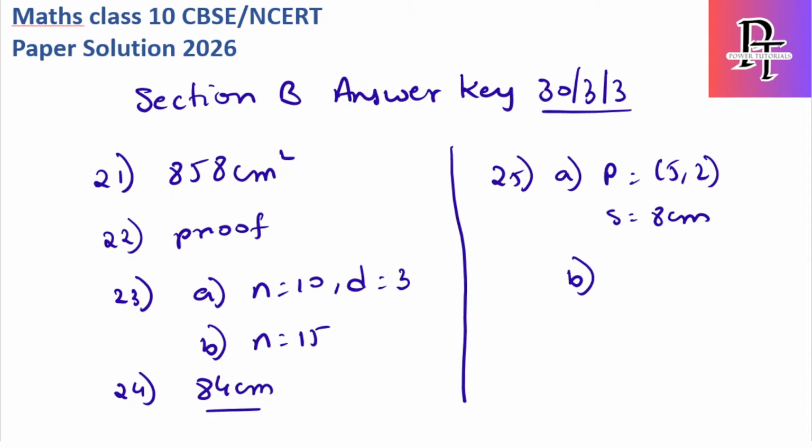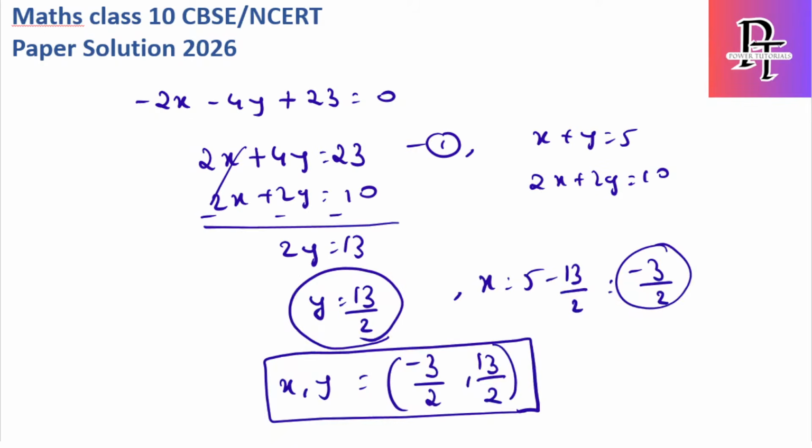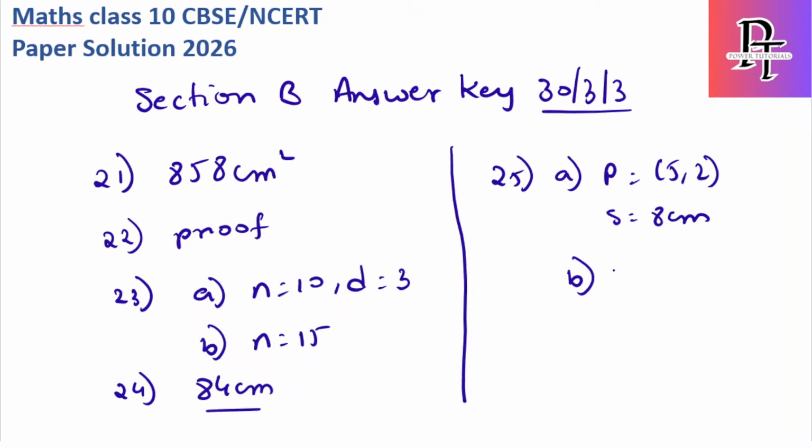Same way we have the B answer. We have the point, which is x, y is equal to minus 3 by 2, 13 by 2.